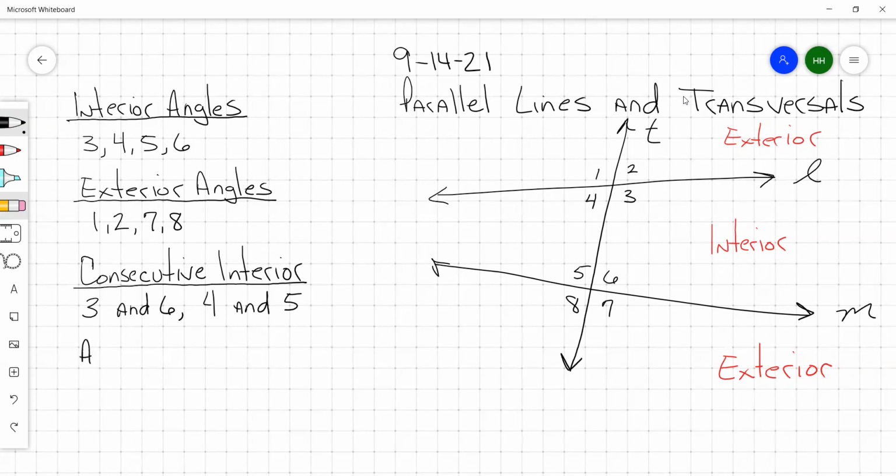And alternate interior, those are on alternate sides of this transversal. So a pair of alternate interior angles here would be 3 and 5.